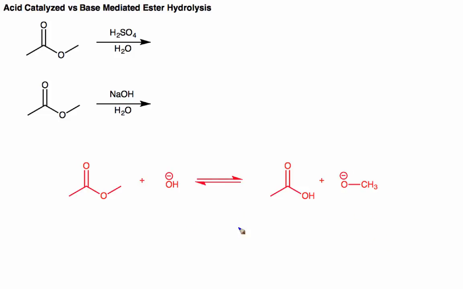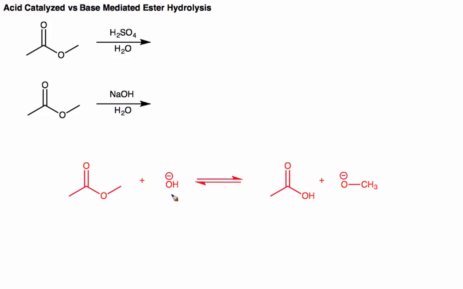So thinking about this equilibrium, you really don't have anything to drive this to one side or the other, because the stabilities on the left of the reaction are pretty much equivalent to the stabilities on the right side.